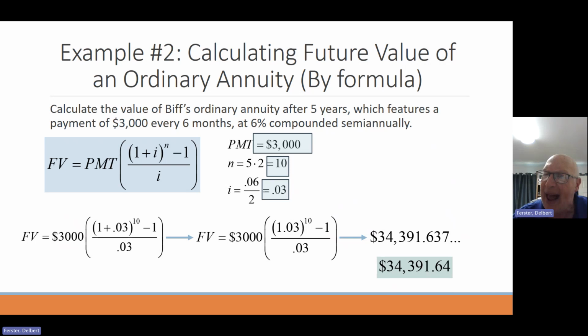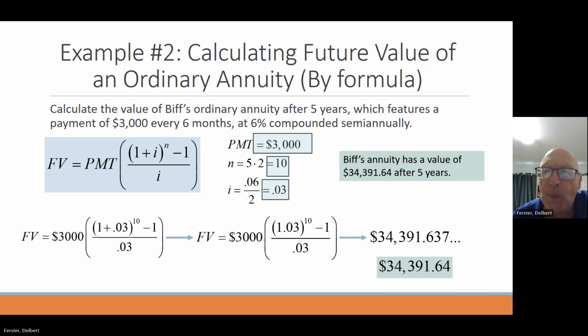It involves what we had previously as N, which was the 2 in this context for semi-annually, but it also involves the years. If it looks like that was where you saw the power in previous work, that's exactly where it was. It was the number of compounding periods times the number of years. Okay. So at the end of 5 years, that's the value of his annuity, and we would have solved our problem.